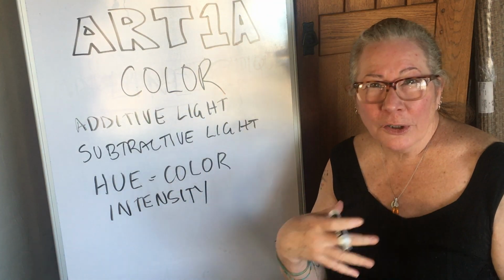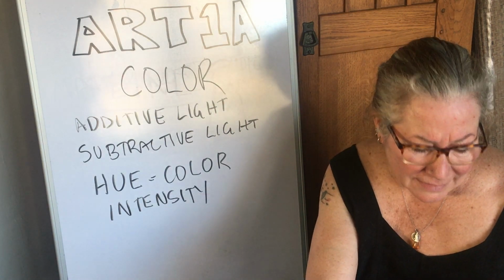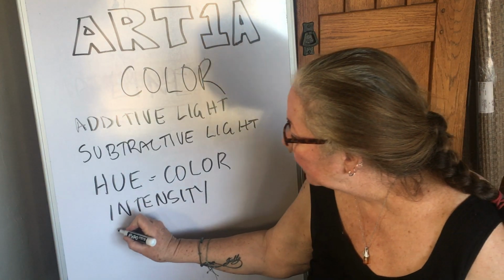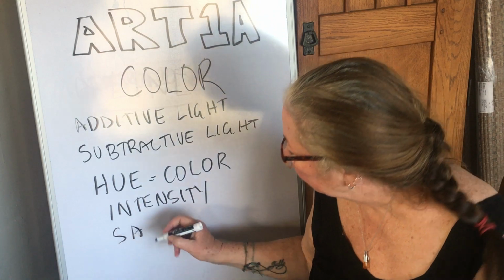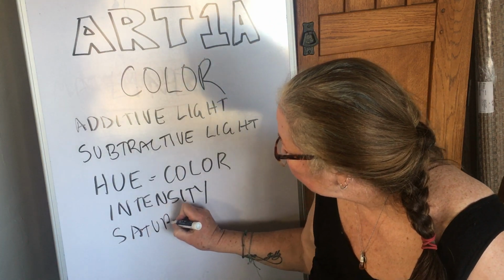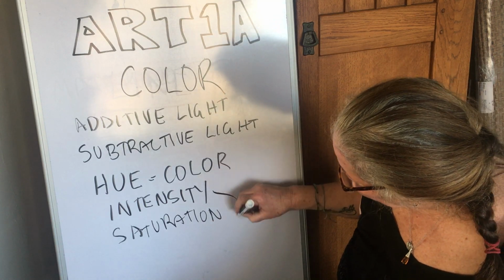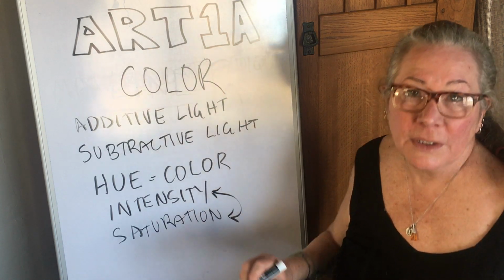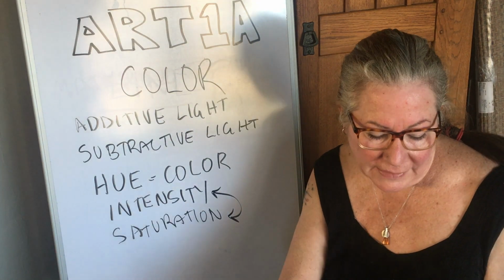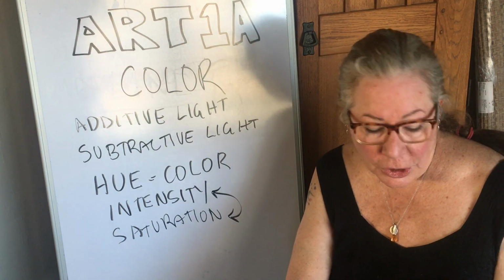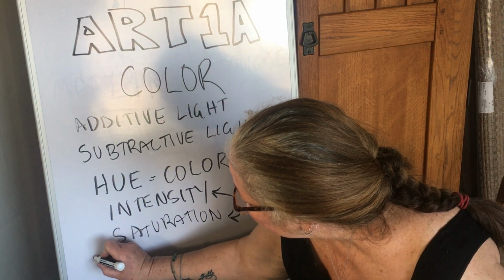How much color? They often say saturation also. Is it saturated with color, like is it soaked with color, right? These can be used interchangeably a lot of times. The intensity or the saturation of color, like how bright is it? How rich is it? Lightness and darkness is referred to as value or tonality.